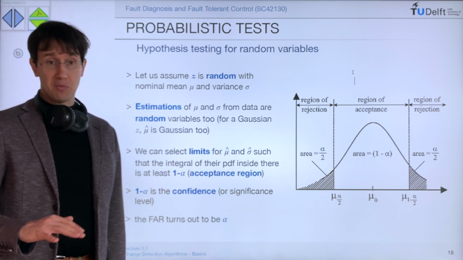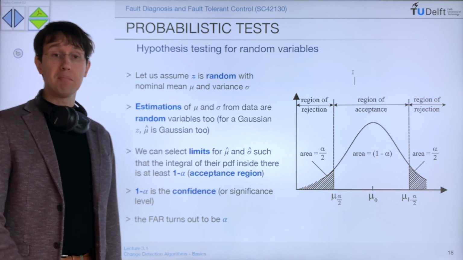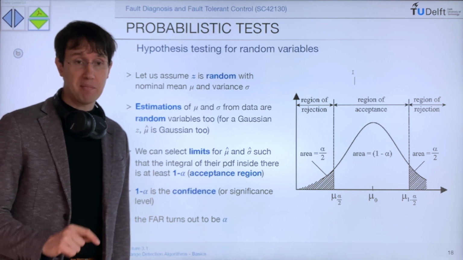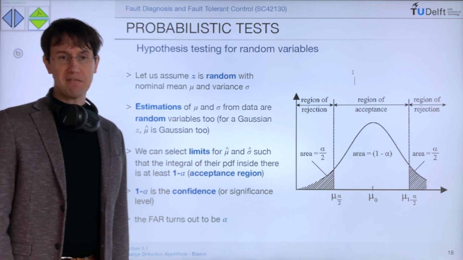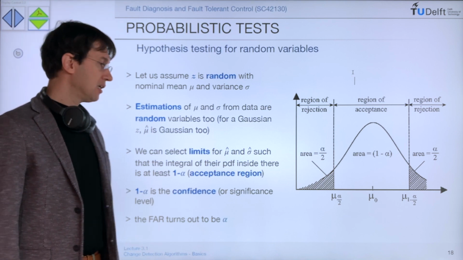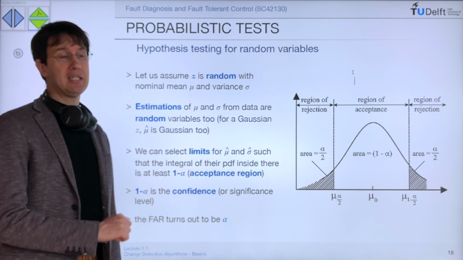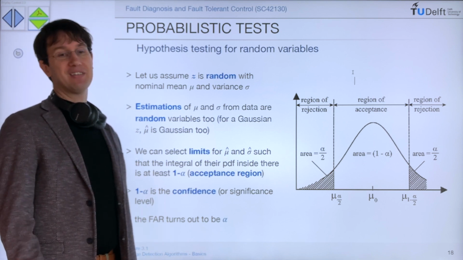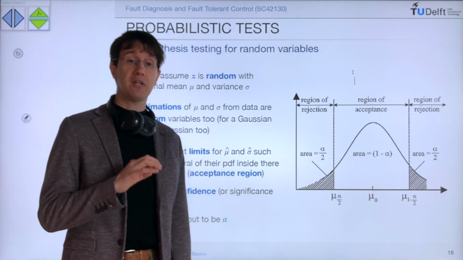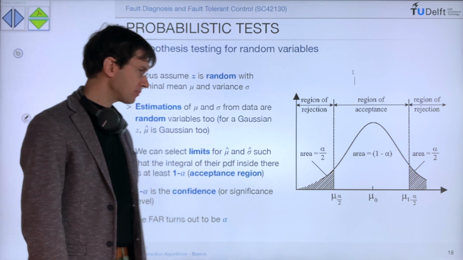The variable z you want to check is one random variable, but the empirical mean mu hat and the empirical variance sigma hat computed from samples of z are themselves random variables. And now we are talking about these second ones. So we want to build a test for z based on mu hat and sigma hat that are random variables. And so we need to define thresholds on mu hat and on sigma hat.